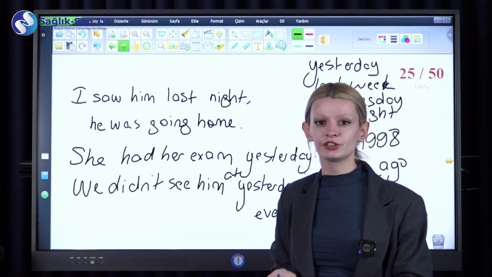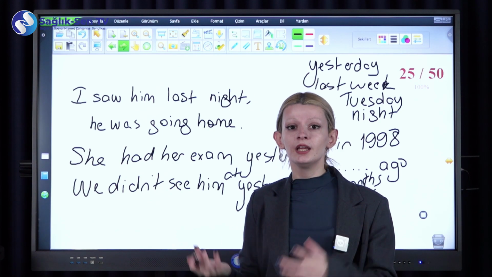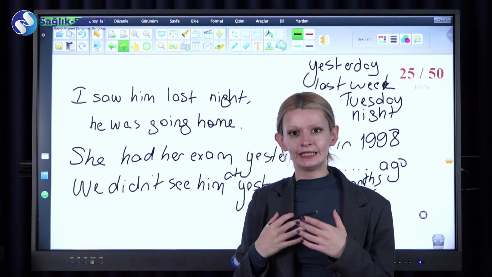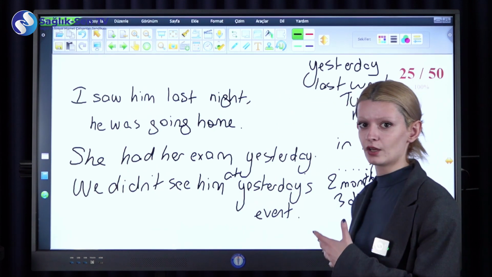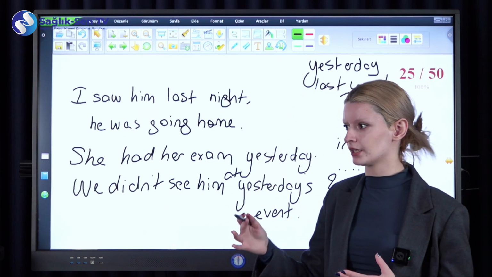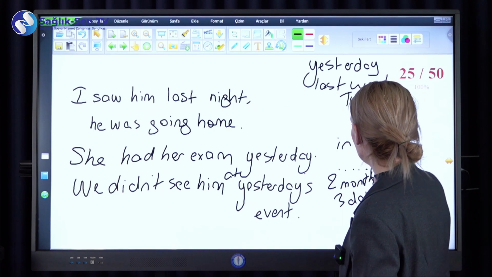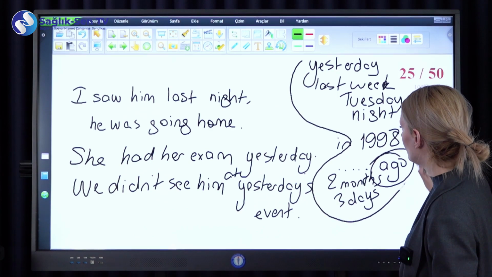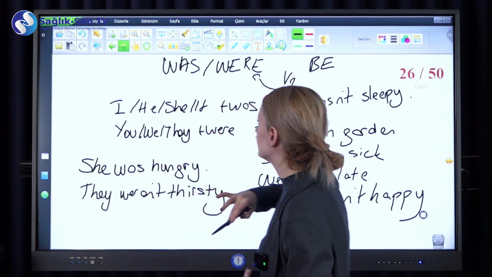It can be yesterday, last night, last week, last year, any time that indicates the past, or we use the ago structure. 2 months ago, 3 years ago, 2 days ago. And the common point is we use them all at the end of the sentence.